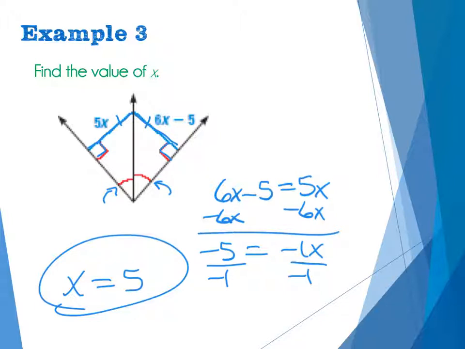Any other questions? Wait, on the last one, the two angles at the bottom are equal? Yes. Oh, they look different. Well, it's the same. They both have a single mark. Oh, I see. You see that? So yes, they're not lined up perfectly. I think the reason they moved it down a little bit is because if they had continued this all the way across, you wouldn't have been able to tell if they were talking about that whole angle.